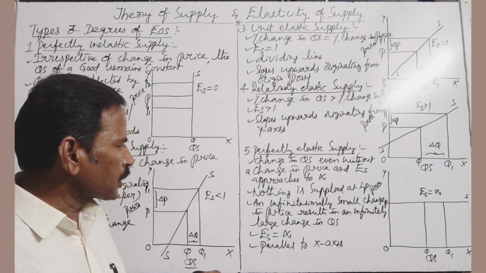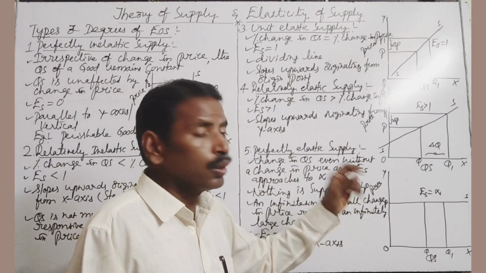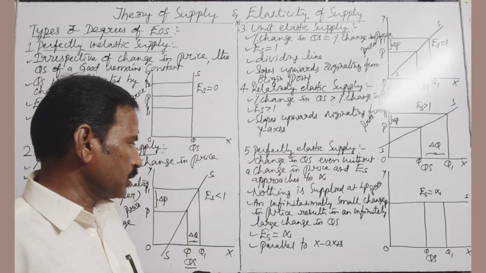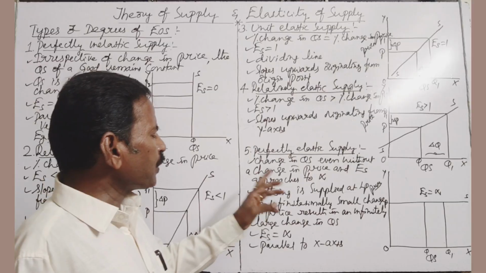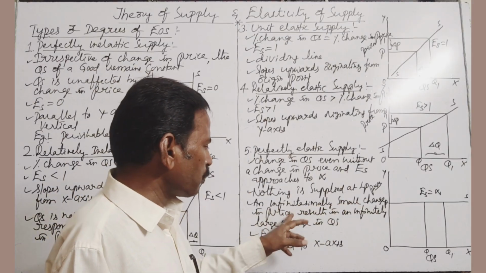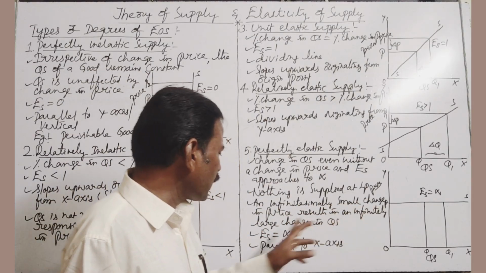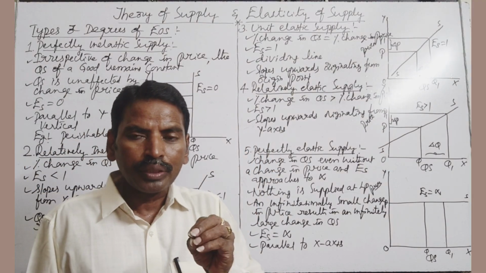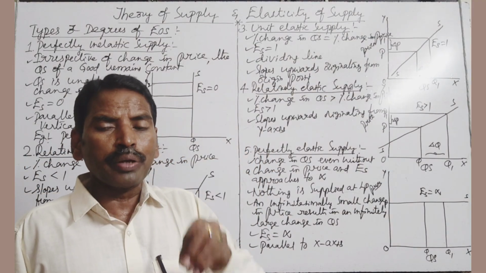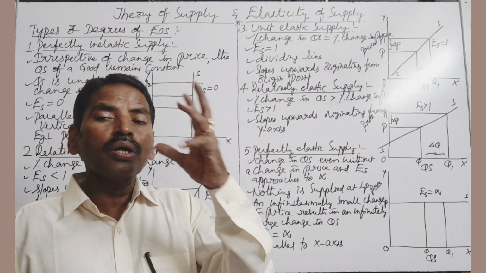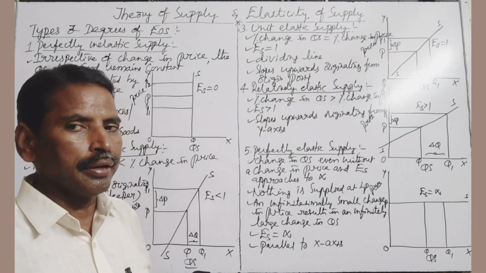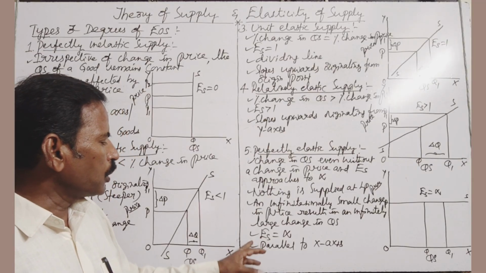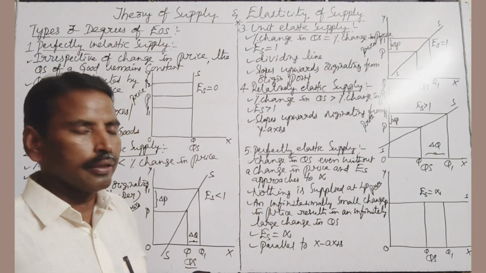In other words, nothing is supplied at a lower price, or an infinitesimally small change in price results in an infinitely large change in quantity supplied. That is called perfectly elastic supply. Coefficient is equal to infinity.